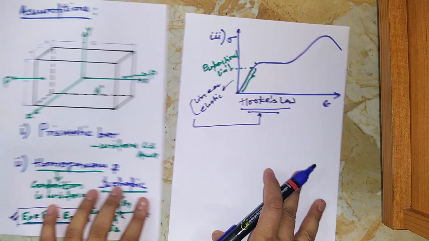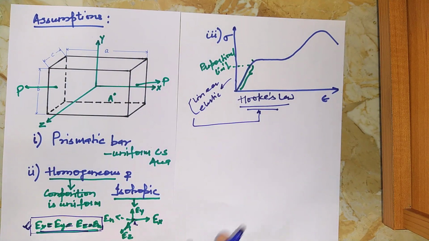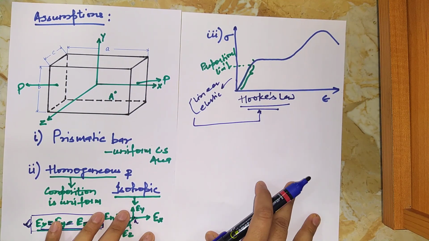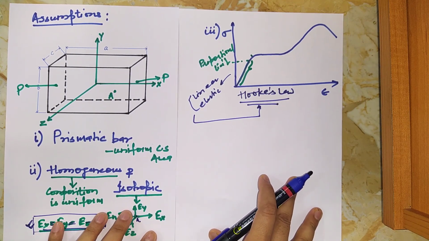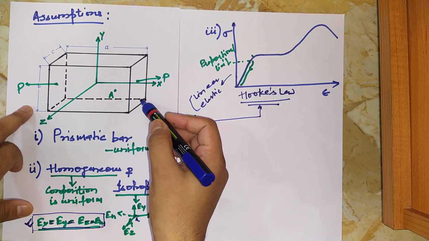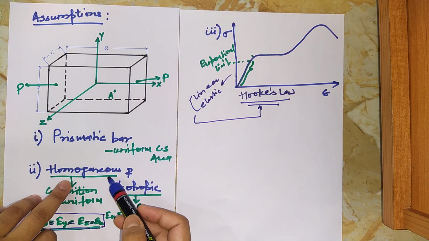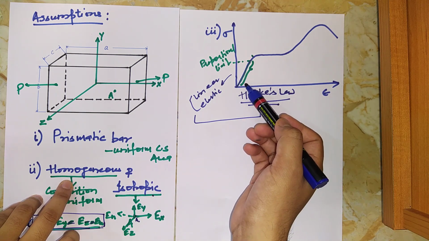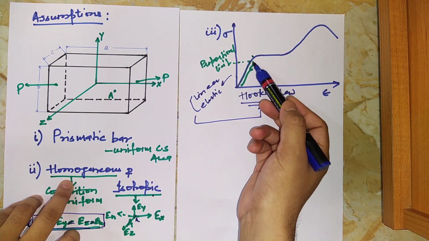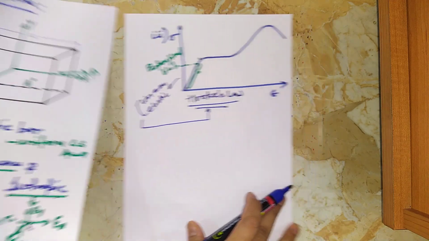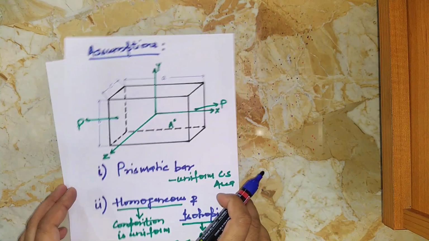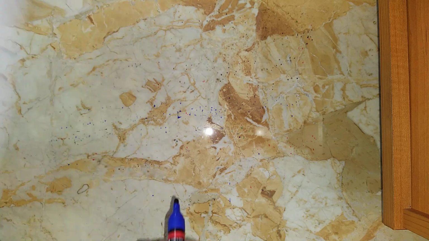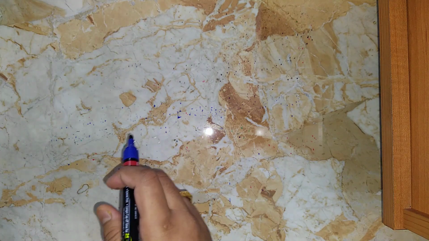So these are the three basic assumptions that we'll start with. So now we have a prismatic bar which has homogeneous and isotropic material, and it is elongated in the axial direction under the proportional limit. So now let us start analyzing and see whether there is a tangible change in volume or not.